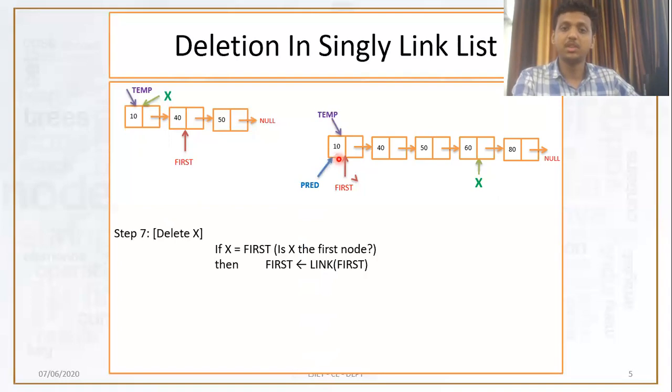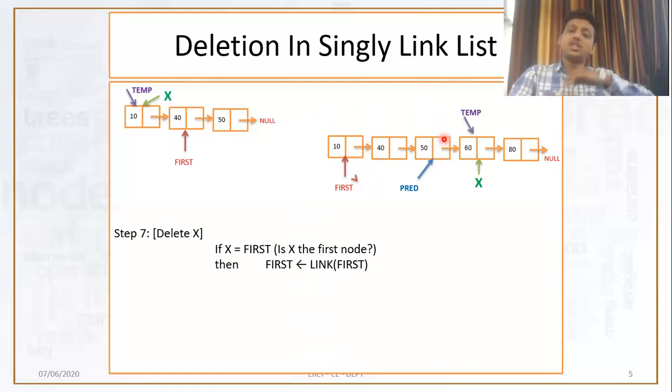See, step number 3, pred. Then you need to move temp to the link of temp. Again, condition satisfied, move pred to temp, temp to the link of temp. Again, condition satisfied, pred to temp, and temp to the link of temp.